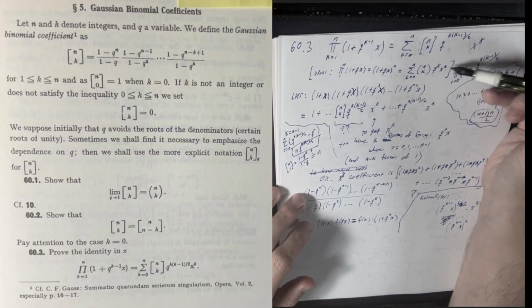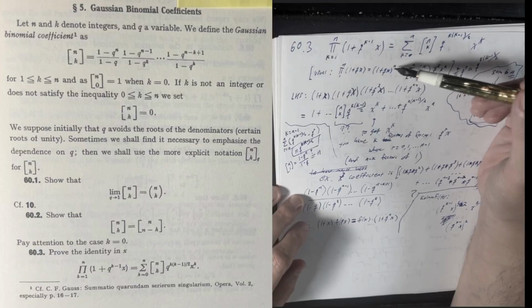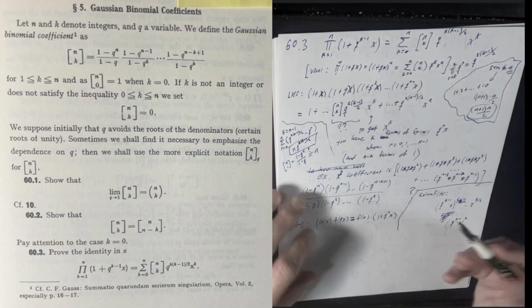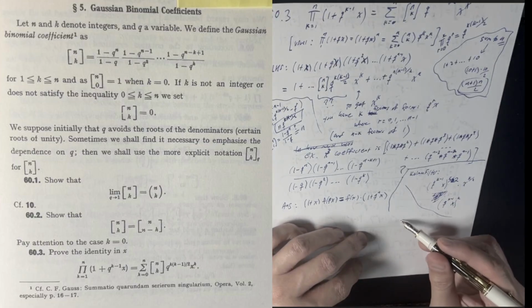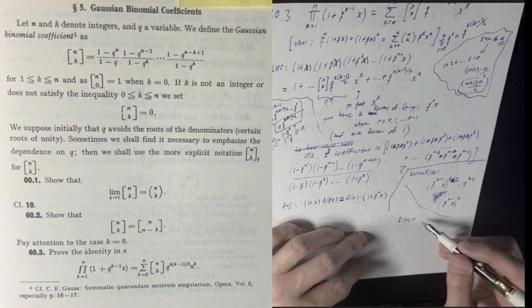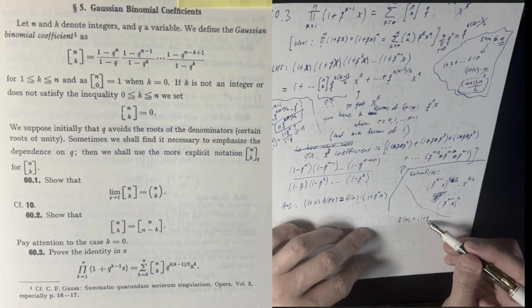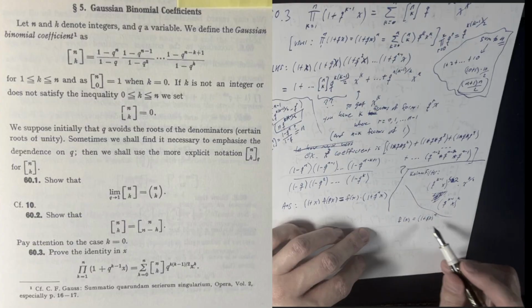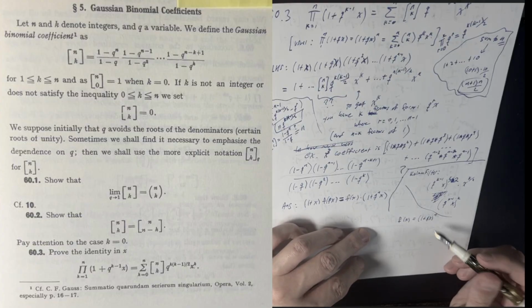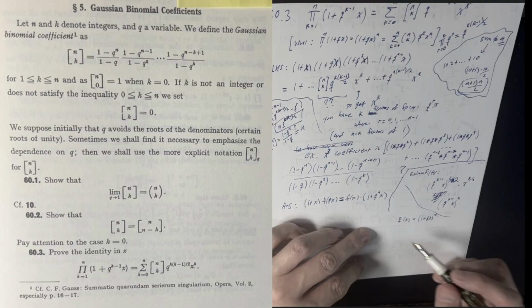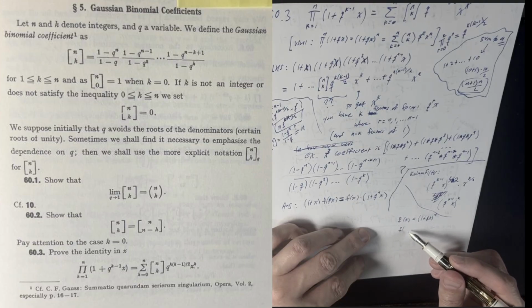This right-hand side is just a power series. So if I had 1 plus qx to the n as my function, what happens if you plug in q?